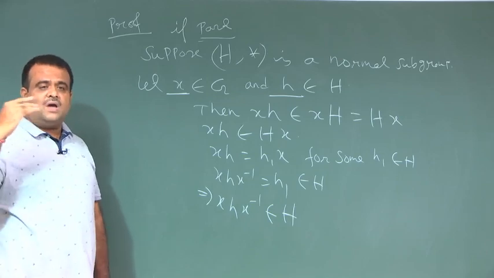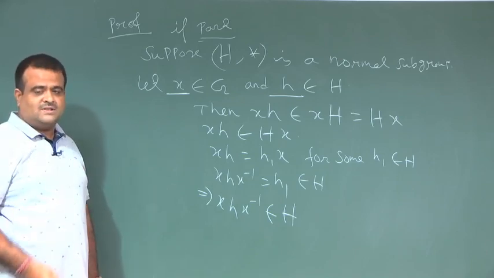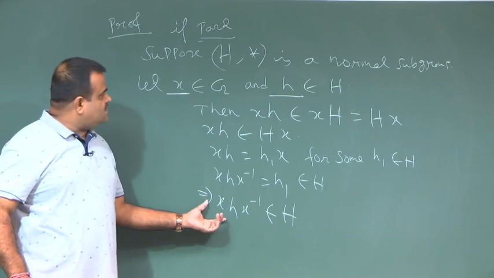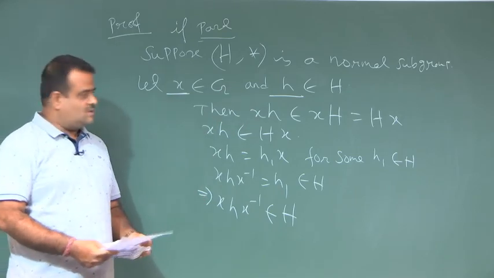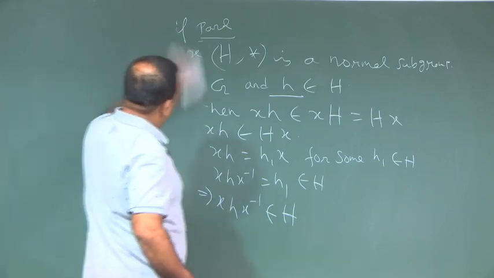Now, we have to prove the if and only if part, the sufficient condition. That means if this statement is true for all x and h, then you have to show H is a normal subgroup. So let us try that.